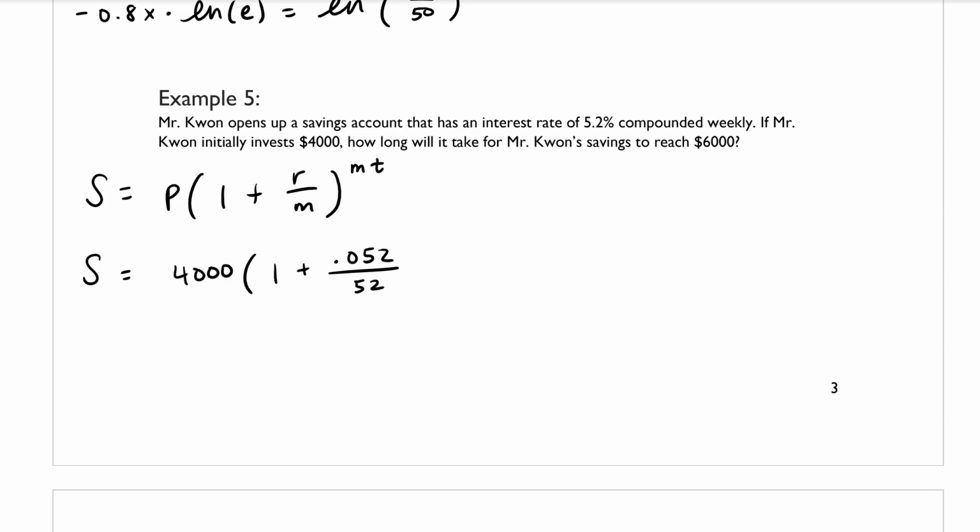So if we are compounding weekly, and then our exponent contains the M value again, and we multiply that by T.